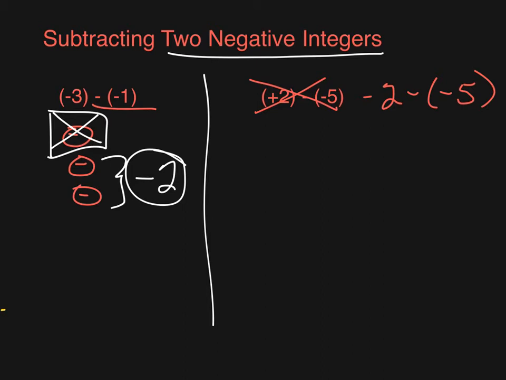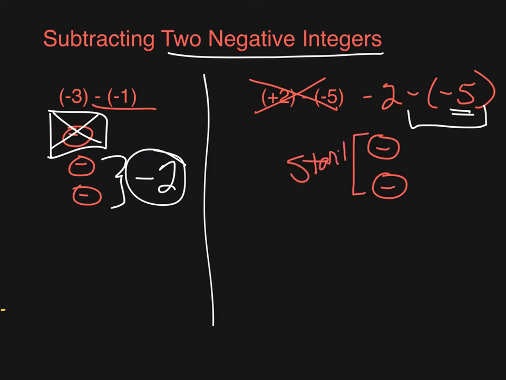So here we are. We've got two negative chips that we're going to start with. This tells me right here that I need to take away 5 negative chips. I don't have 5 negative chips here. So these are the ones that I'm starting with. I know that I need 1, 2, 3 more negative chips to actually take away 5.